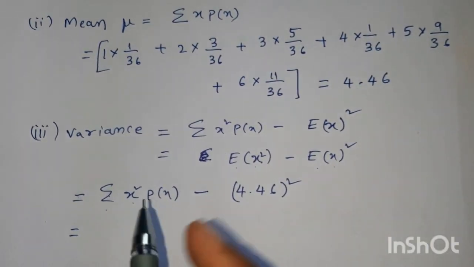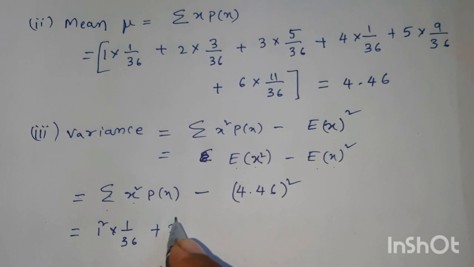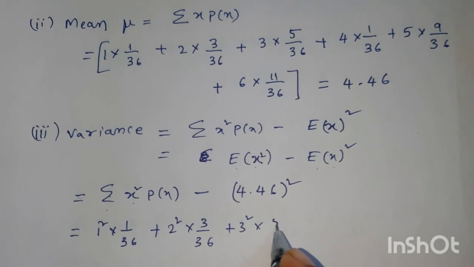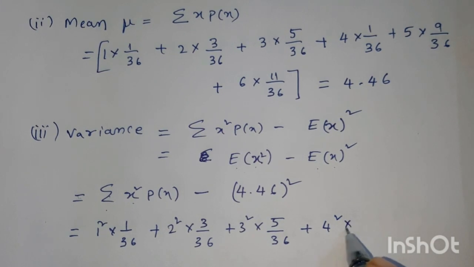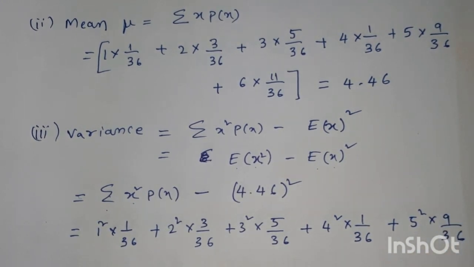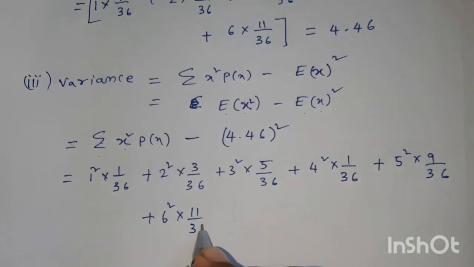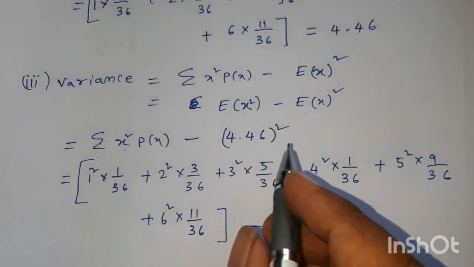That is 1 square into 1 by 36 plus 2 square into 3 by 36 plus 3 square into 5 by 36 plus 4 square into 7 by 36 plus 5 square into 9 by 36 plus 6 square into 11 by 36, minus 4.46 whole square.